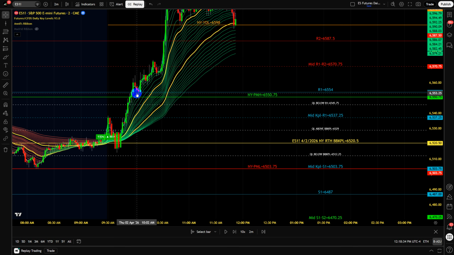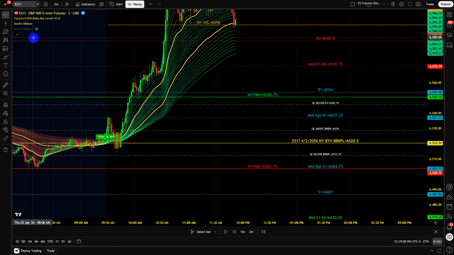So you have the same situation here. You have a green ribbon that's all green, and then we have the close above R1. So if you were taking a bullish trade off of R1, you wanted to use a tight stop loss, it's QL below R1. If you wanted to use a standard stop loss, then it's the first midpoint below R1 since this is a bullish trade.